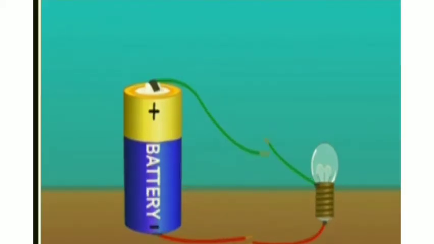Now what we have to do? We have to connect the bulb to the cell in different ways. Now carefully look at the arrangements in which the bulb lights up.